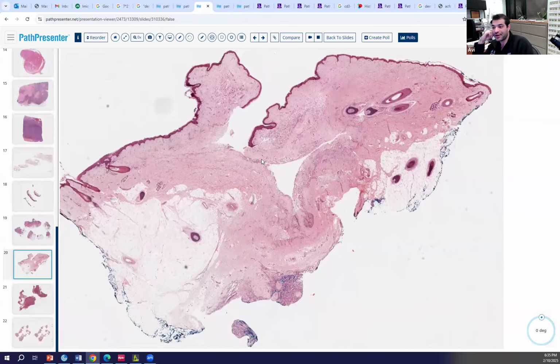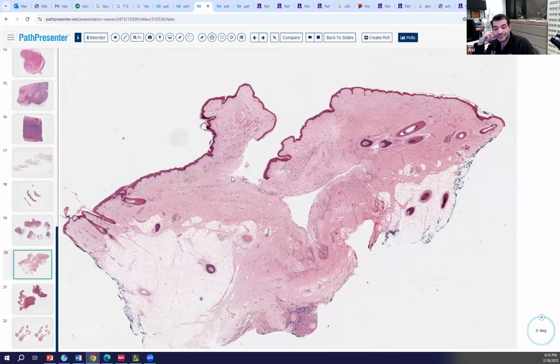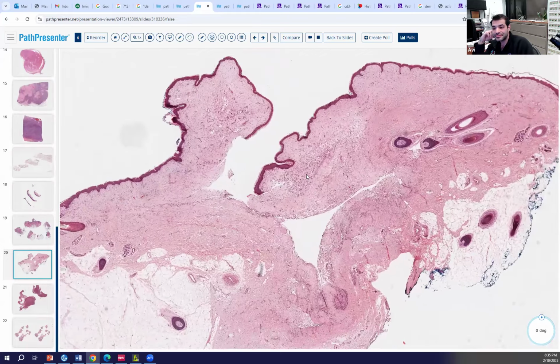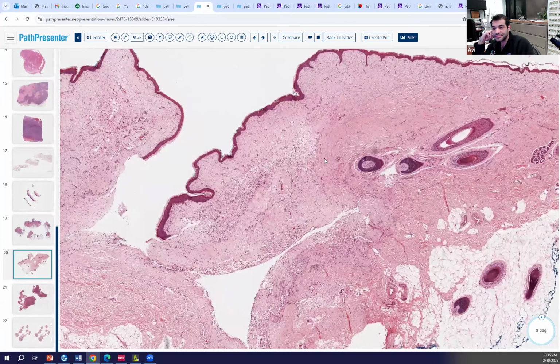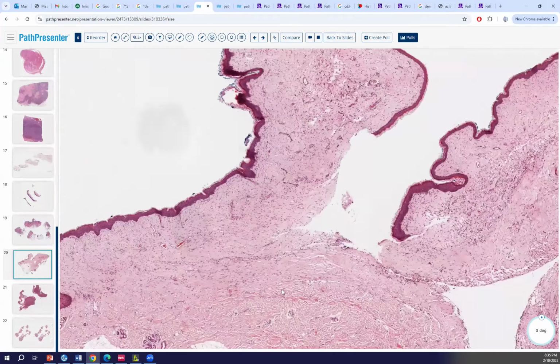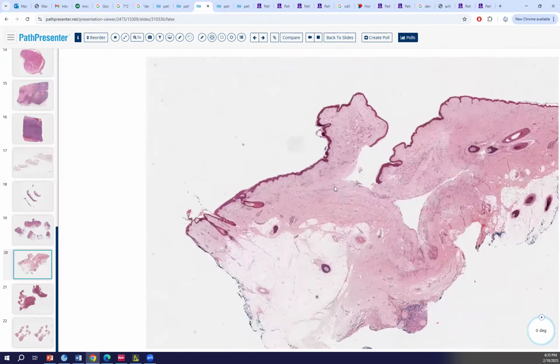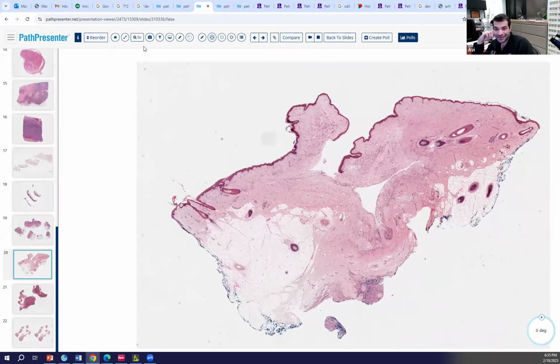Now, what's different about this scalp? It's an area where there's basically no hair. Yes, very good. There's an area where there's absolutely no hair.